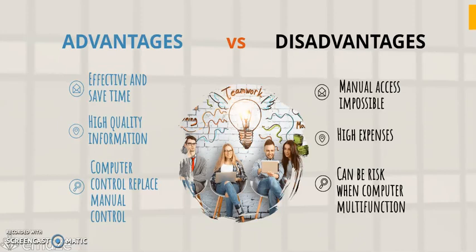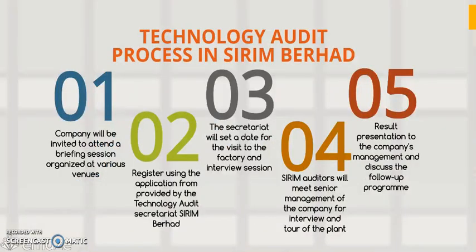The first thing is that it is impossible in manual access. Then, it also has high expense. And the last one is that errors can be raised when the computer malfunctions.